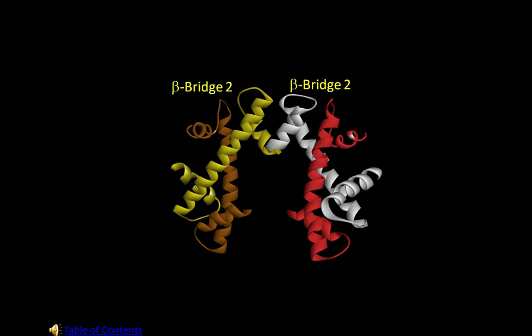Next, let's look at the beta strand regions between the helices, starting at the top of the slide. In accordance with the naming convention I introduced earlier, the H3H4 beta bridges at the top are each labeled beta bridge 2. The pair of beta bridge 1s, which we'll examine later, are at the bottom and are not labeled in this view.